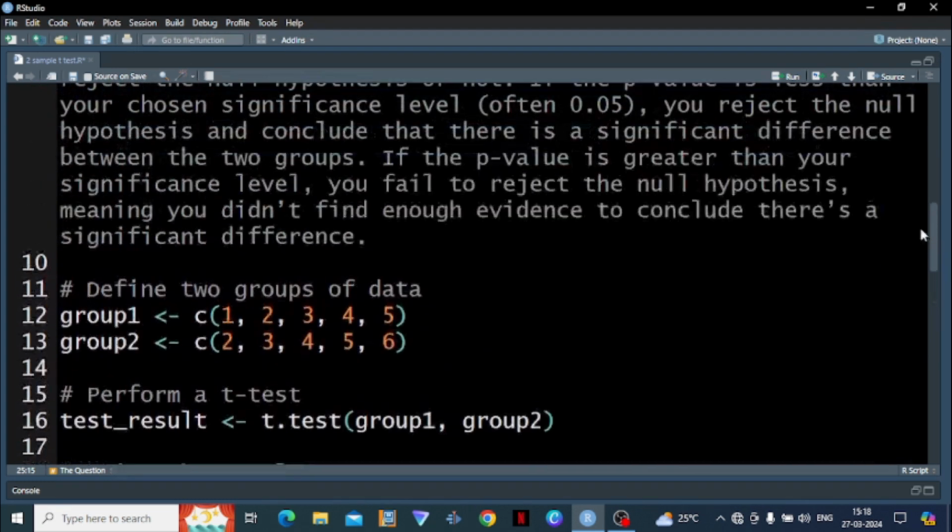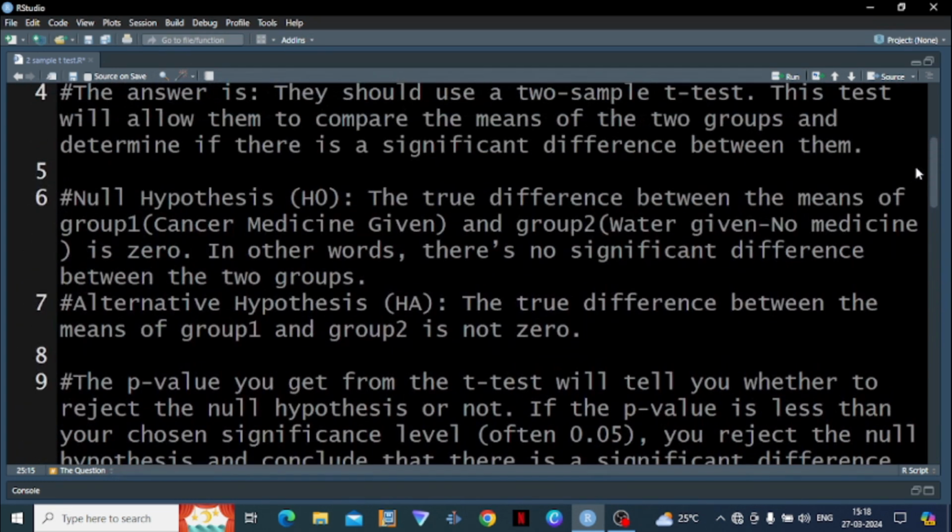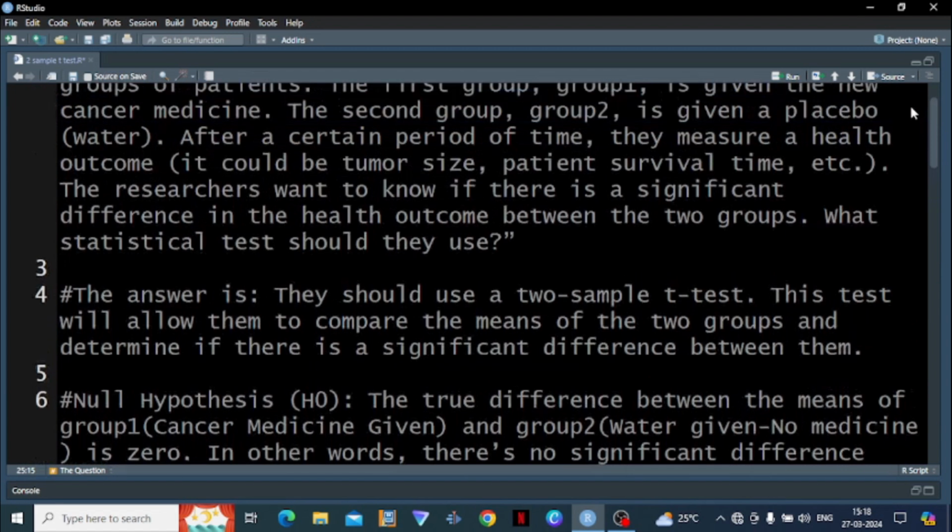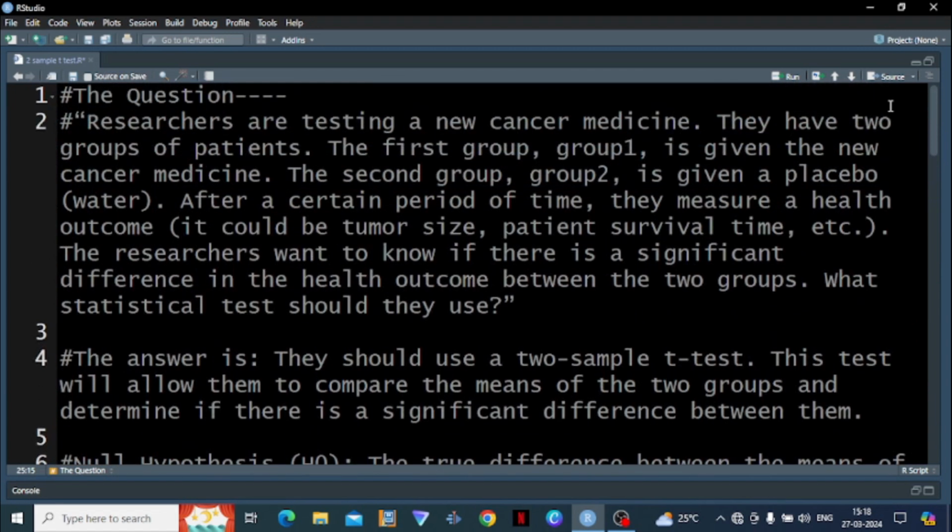What data are we collecting? We are trying to find out whether tumor size is reduced or not, whether patient survival time is improved or not. If all these are not changing, it is water only. But if there is a change in tumor size and survival time and things like that, that means there will be a difference between the two groups.